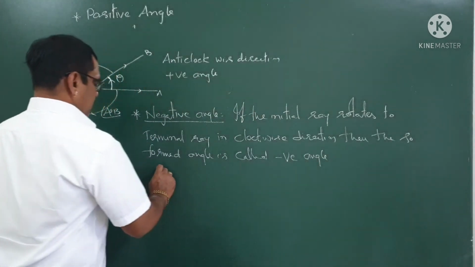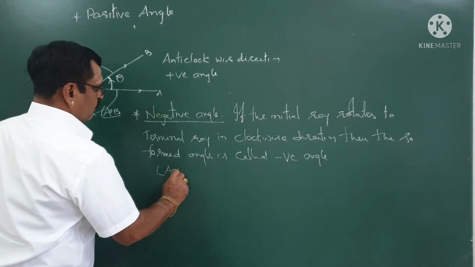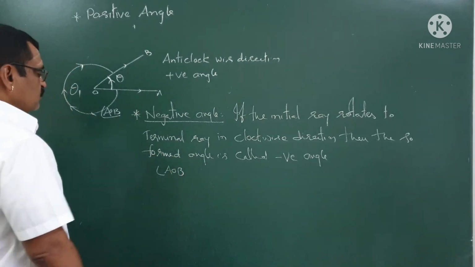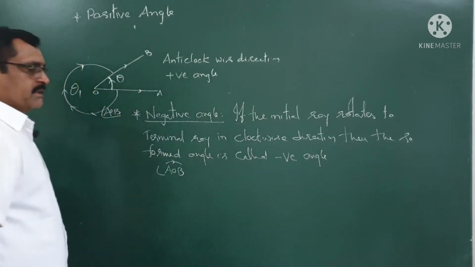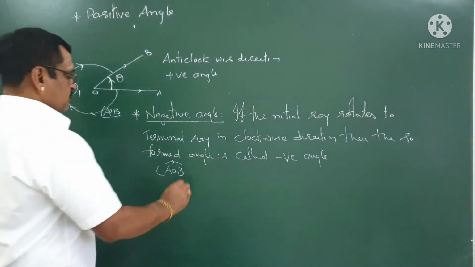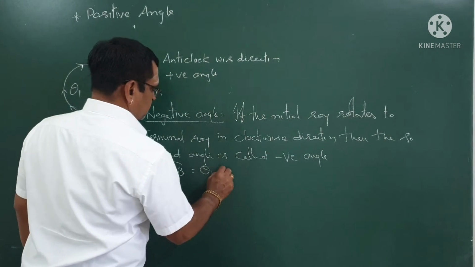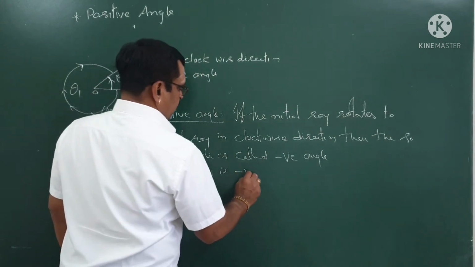So here, angle AOB, I use an arrow mark with the clockwise direction, is equal to theta 1, a negative angle.